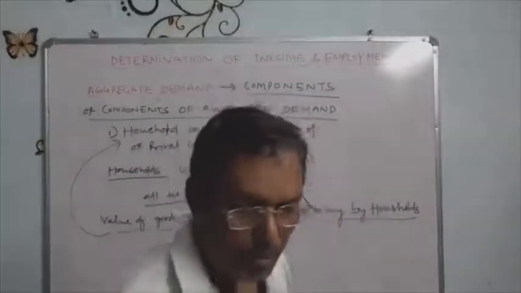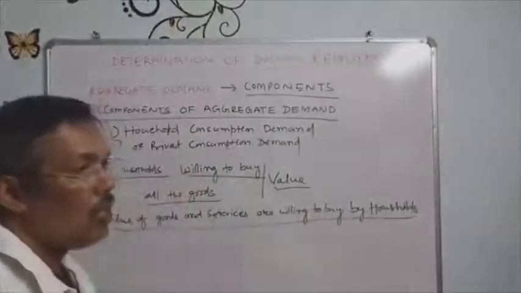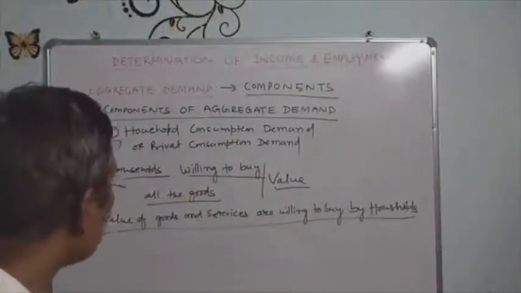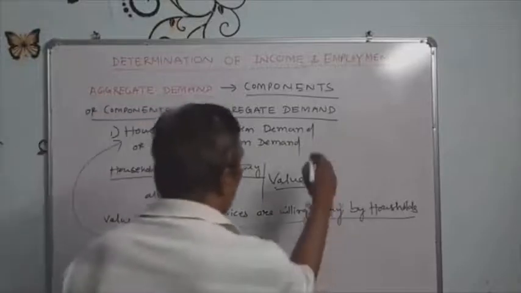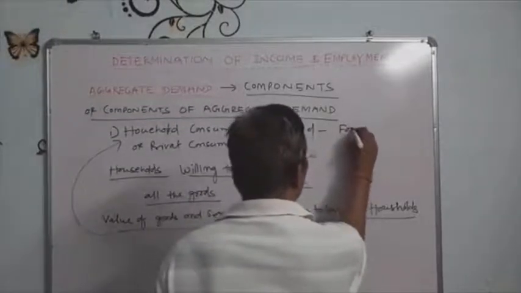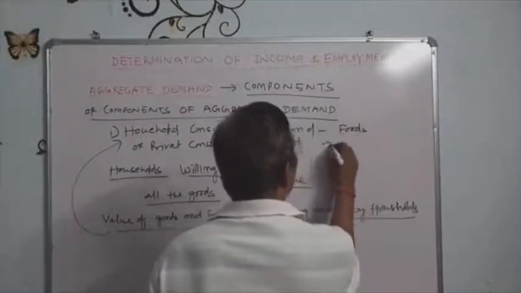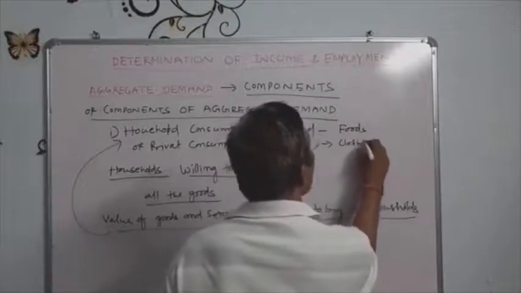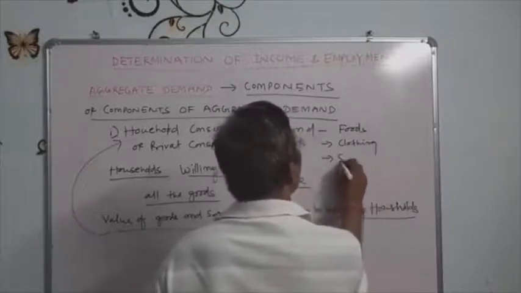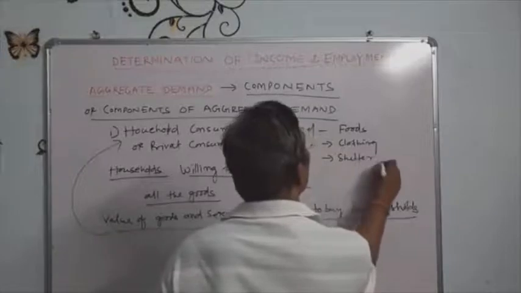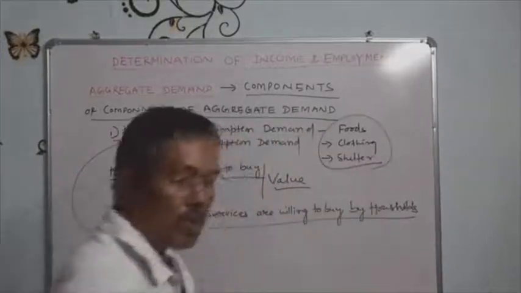For example, the households' demand is food, clothing, shelter. These are the demands by the households.